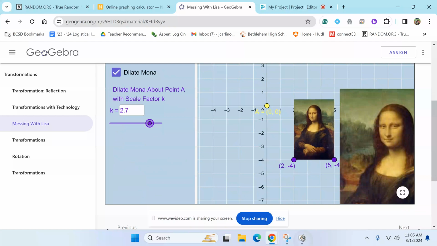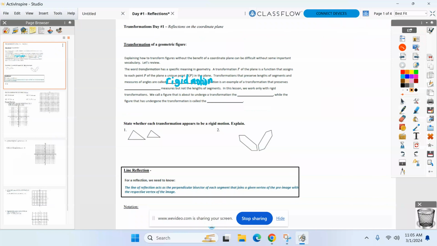All right, so in dilations, it does not preserve lengths of segments, but preserves angle measure. Okay, angle measure. So we okay on what a rigid motion, this new term, is? A type of transformation where the original and the ending figure are congruent to each other.